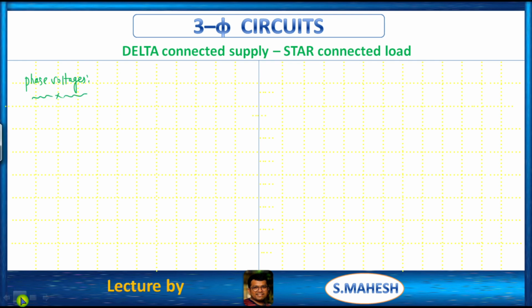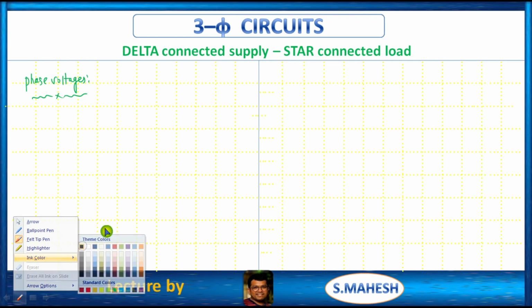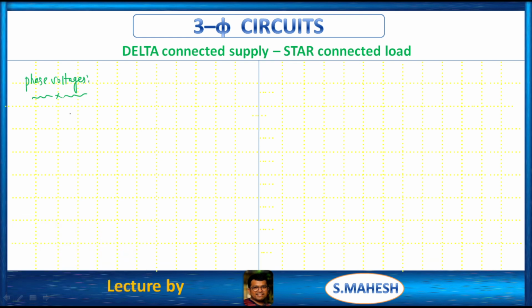Means VR, which is equal to I phase into Z phase, which is equal to 20 at an angle 0, and Z phase is 6 minus j8, right?